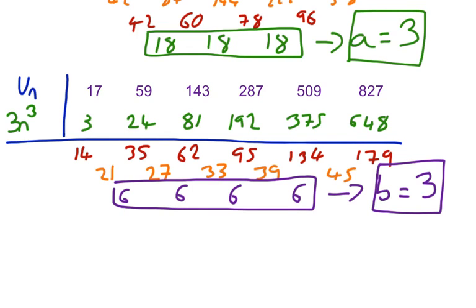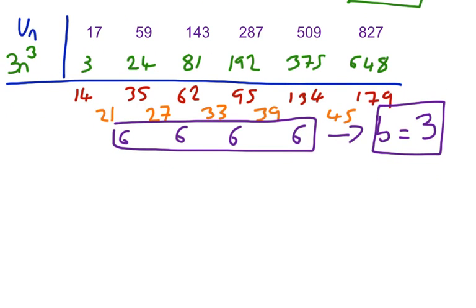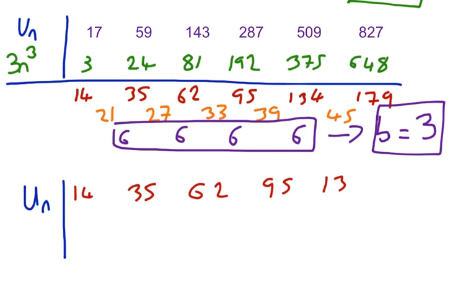But now we have to carry on, and write un, which was our sequence above, so that's 14, 35, 62, 95, 134 and 179, and from that we need to subtract 3n squared.